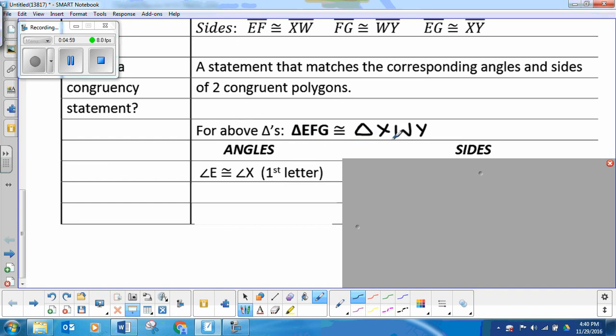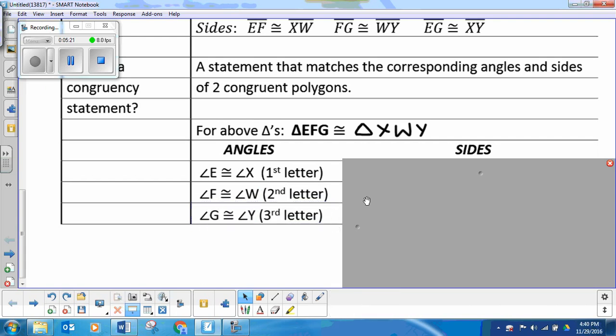E and X are corresponding, and so they are going to be congruent. The second letter matters. Again, F and W are the congruent angles. Angle F is congruent to angle W because they are the second letter, and also we proved that above based on the information provided to us. Finally, our third letter, G and Y: angle G will be congruent to angle Y because those are the third letter in our congruency statement.